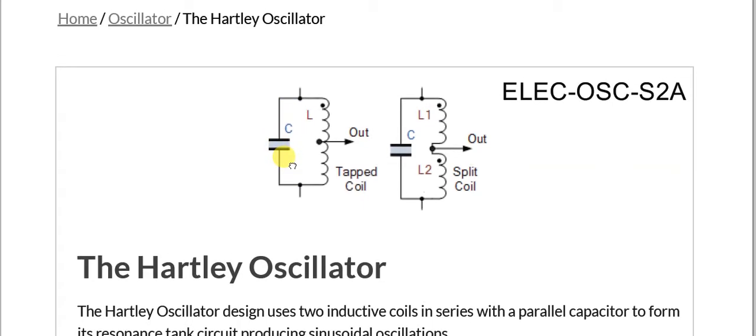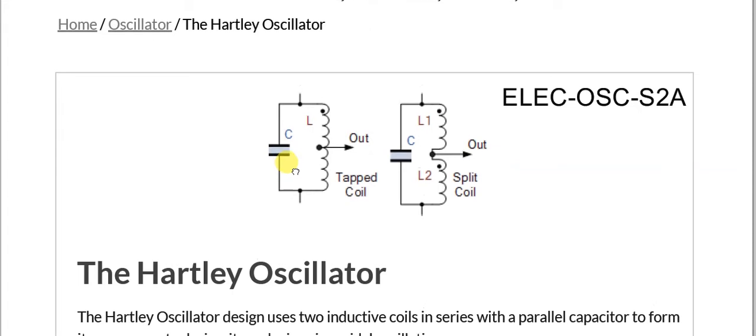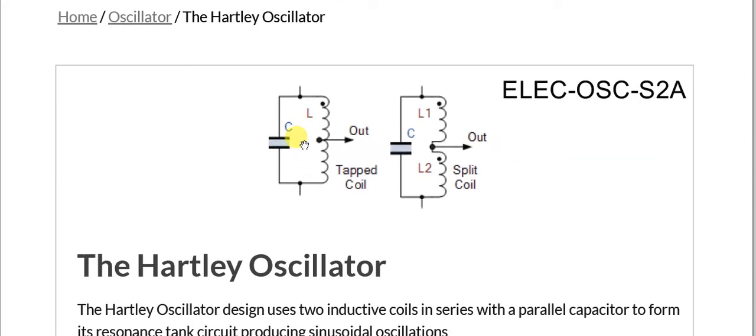But the question was how to now give the feedback. Hartley suggested that we can split this inductor into two, L1 and L2, and then we can take from one of the split inductors a small portion of signal and feed it back to the input.